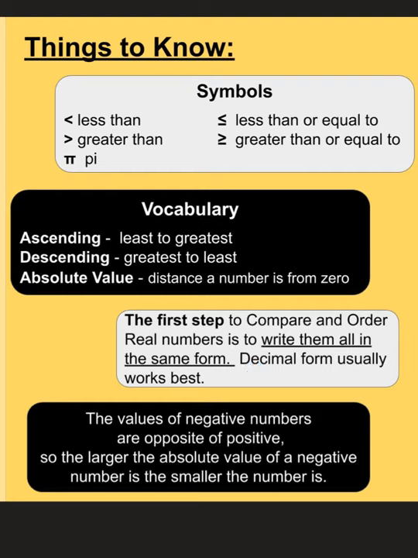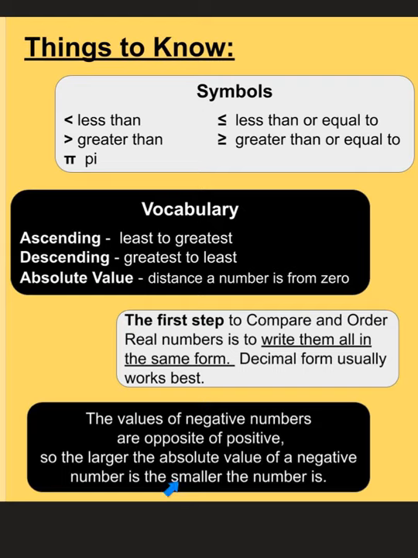Next thing we need to pay attention to, and this is where it gets tricky, the values of negative numbers are opposite of positives. So when you're on the negative side, the larger the absolute value of a negative number, it is actually smaller.